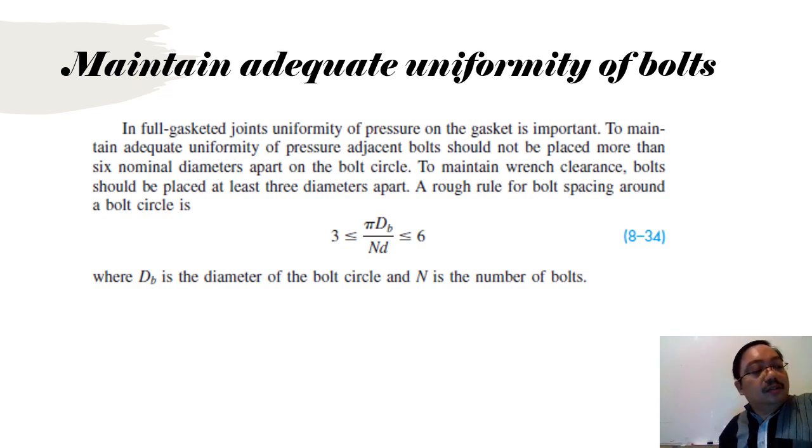Usually when you assemble the gasket, it is the usual practice, not necessary, but usual practice: you put the bolt here, the bolt here, the bolt here, the bolt here. This is in the assembly, and inside the assembly there is a gasket.